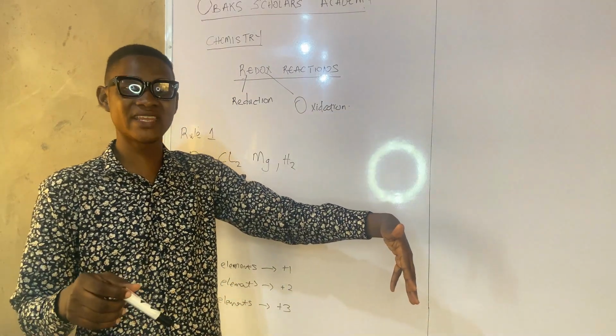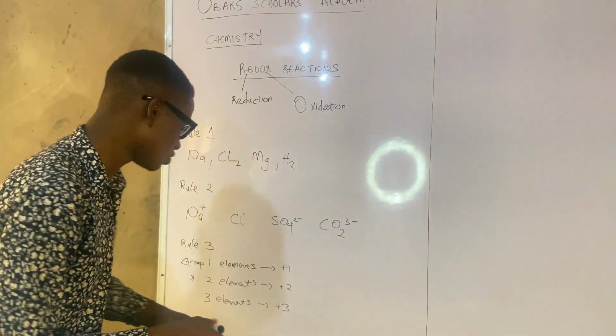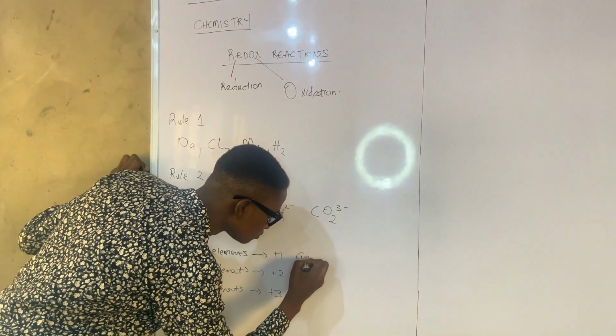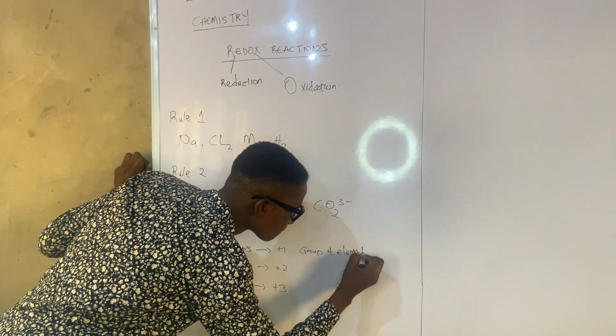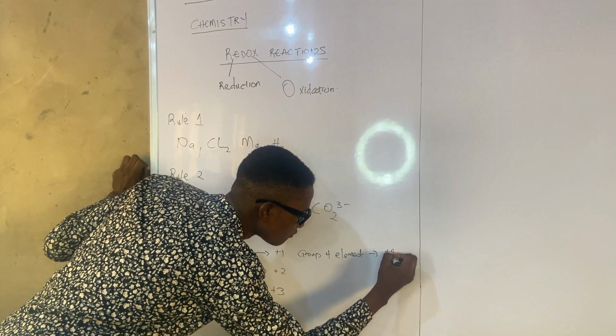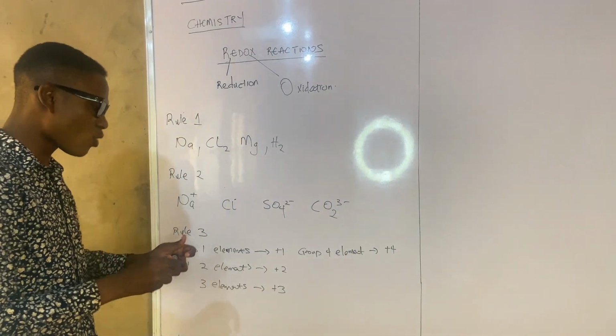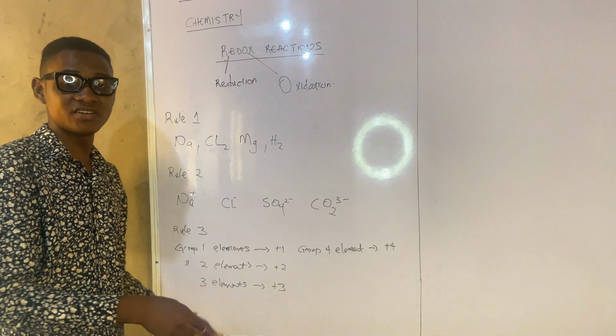We still have many elements down the group. So for group 4 elements, it is +4.